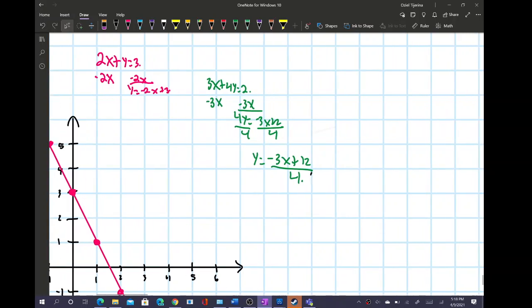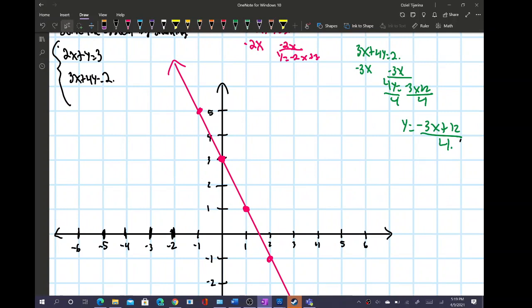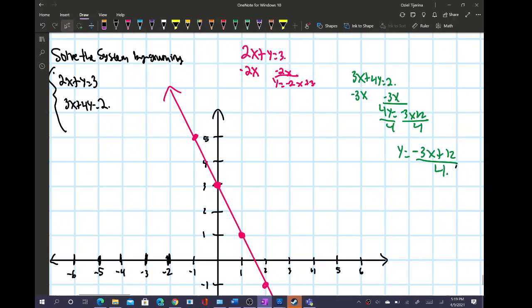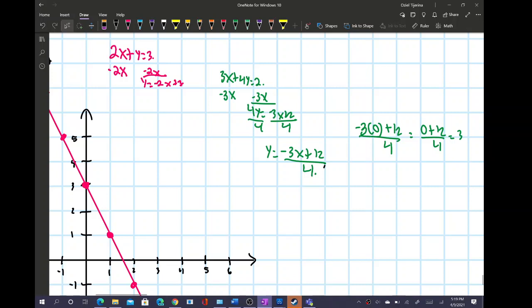So if we were to do the y-intercept, we would get negative 3 times 0 plus 2 over 4. Oh, my bad, I meant 2, not 12. So y equals negative 3x plus 2 all over 4.